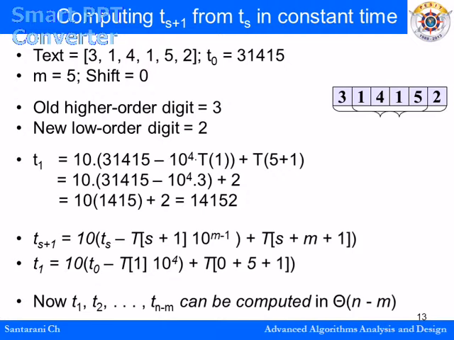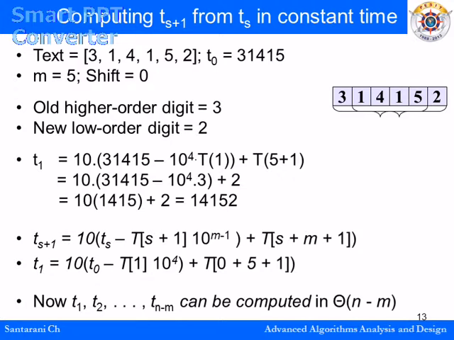So hence t_1 can be summarized from the formula: t_1 equals 10 times (t_0 minus T[1] times 10^{m-1}) plus T[m+1]. Here T[1] is 3, 10 to the power m minus 1 is 10 to the power 4, and T[6] is 2.